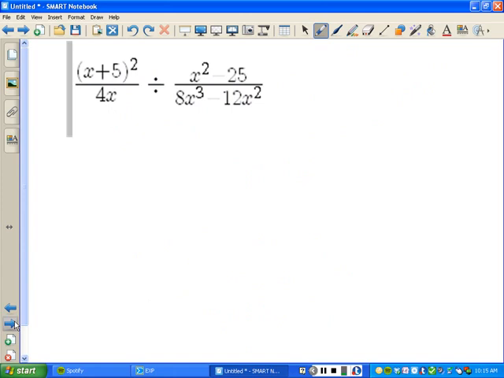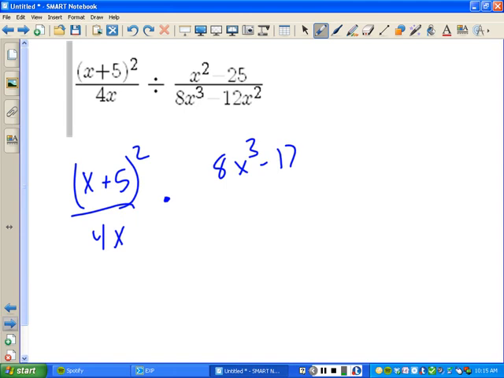All right. A couple observations about this one. X plus 5 squared over 4x times 8x cubed minus 12x squared over x squared minus 25.